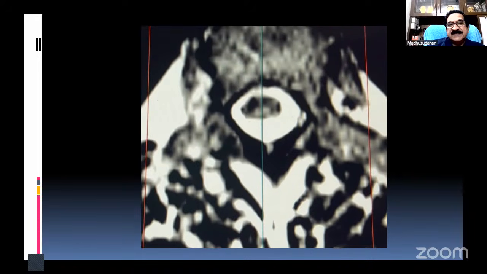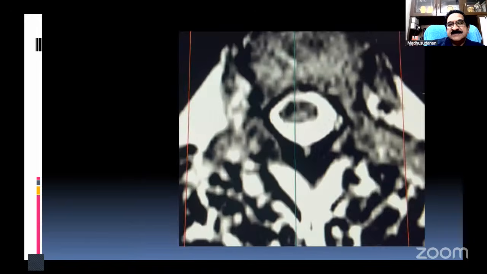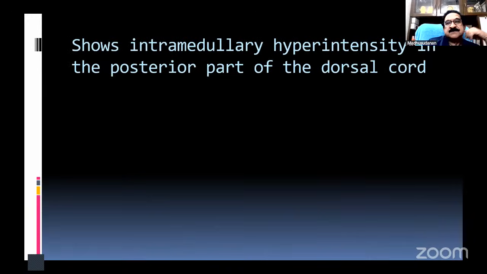He said it could be due to ischemia. That is the one, the hyperintensity in the cord, exactly opposite in that way. So, what do you think? Should we go ahead and do something with that or ignore?